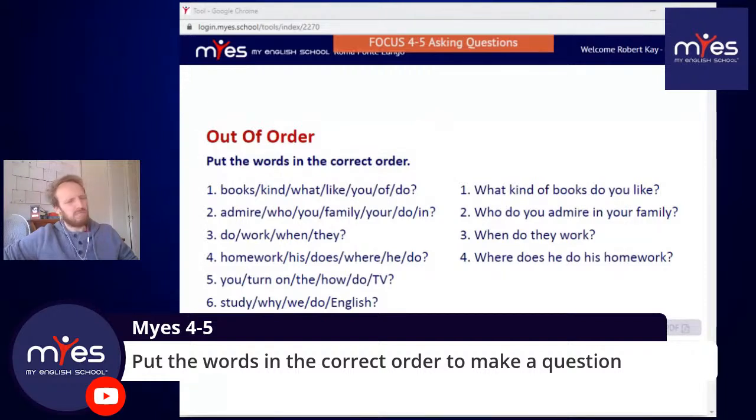If you don't know, it's okay. We can look. Number 5, how do you turn on the TV? So how do you turn on the TV? The correct response would be, you press the button.